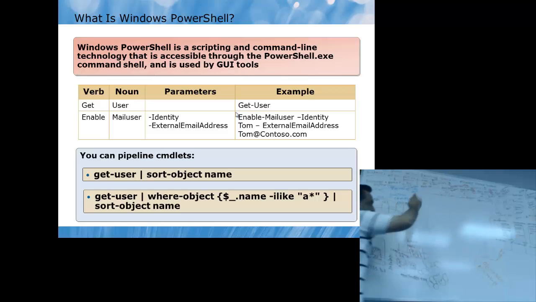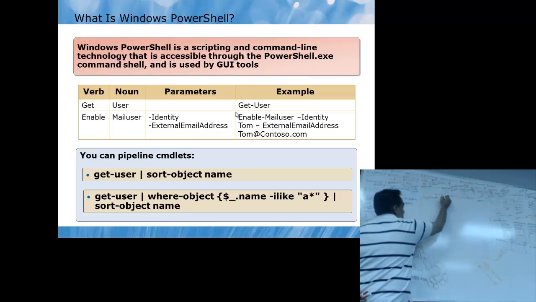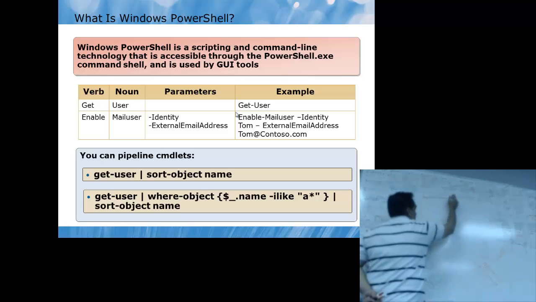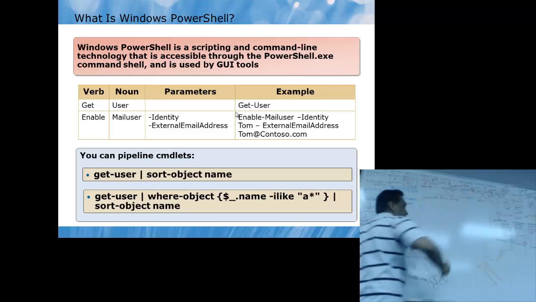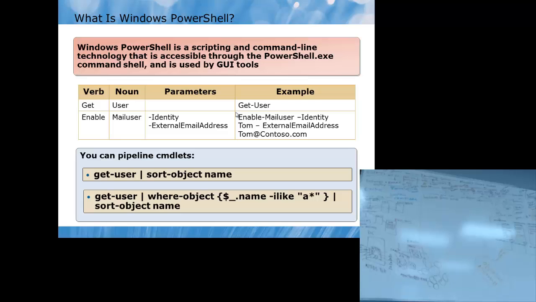Okay, before that, what we did just before the break, so it should be in your notes, is that we installed Exchange. We did the Exchange 2010 install. And then we did the verification. You need to know how verification is done.